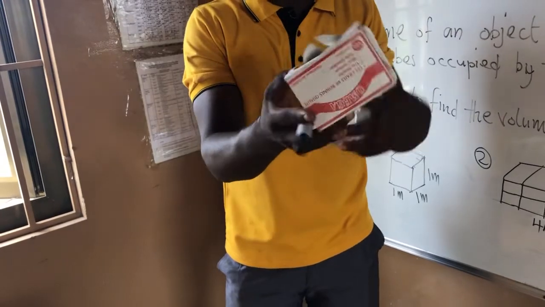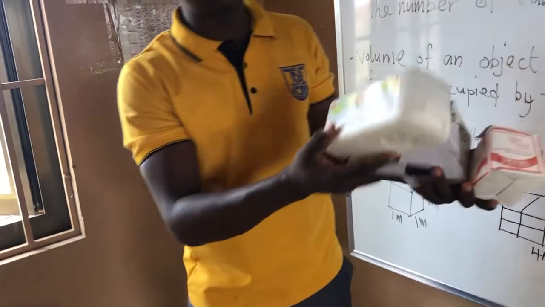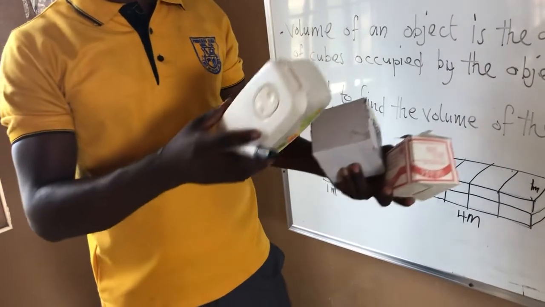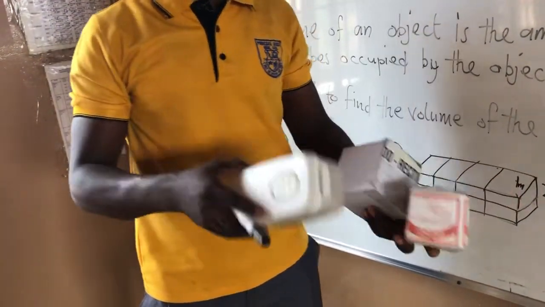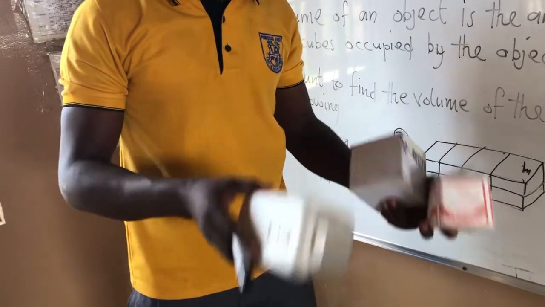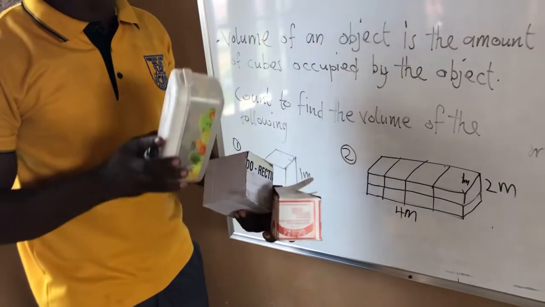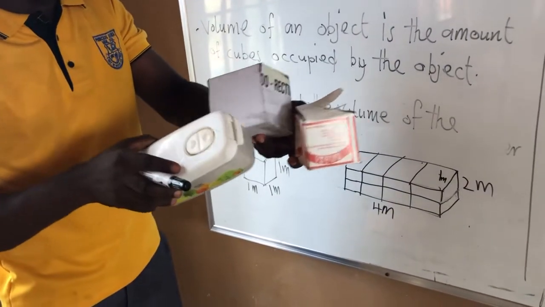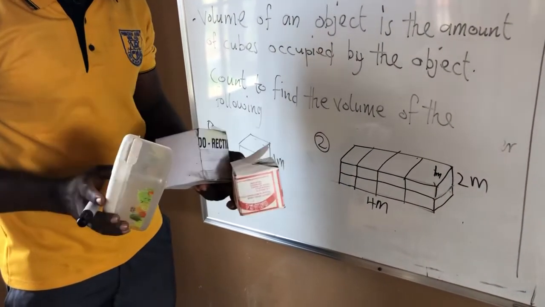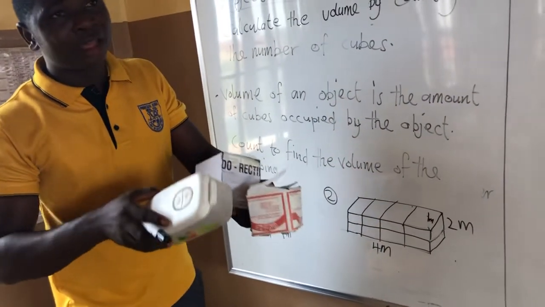Your fridge at home, your cupboard, you can find the volume by counting the number of cubes that will occupy the space. We can also find the volume by measuring the height, the width, and then the length.